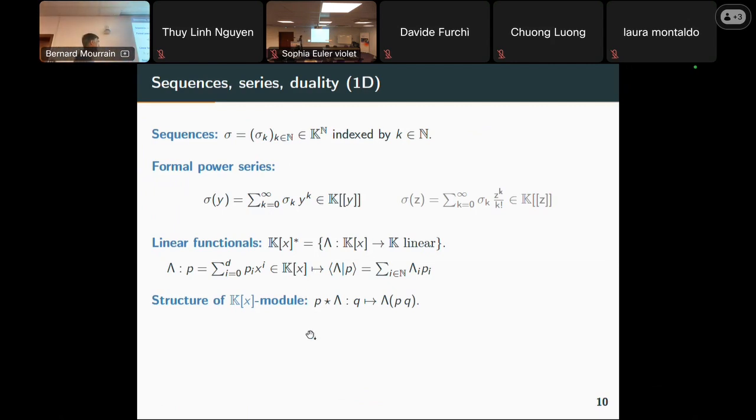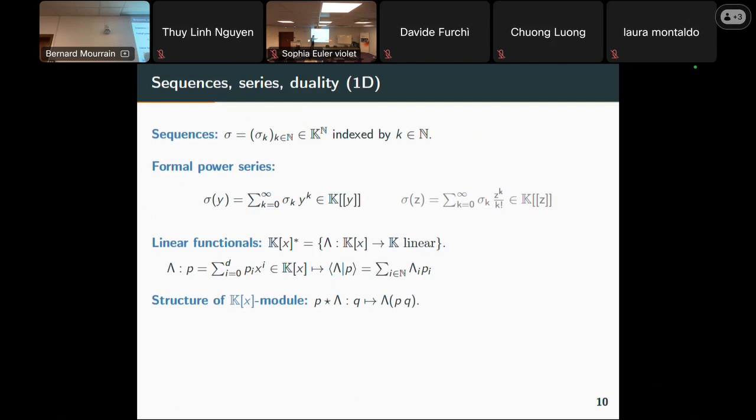And here again, since we can multiply polynomials, we also have the possibility to multiply a polynomial with the linear functional. We define P star lambda as the linear functional which maps Q to lambda of PQ. So we multiply by P and then we apply lambda.